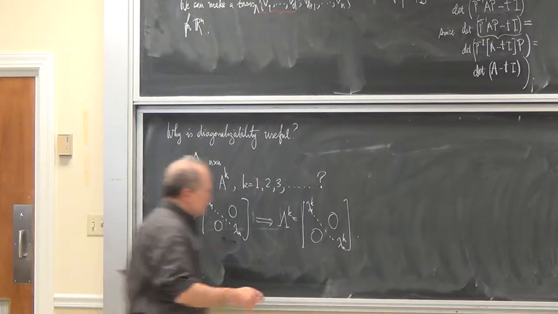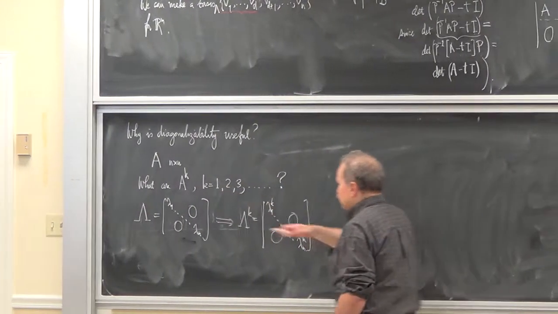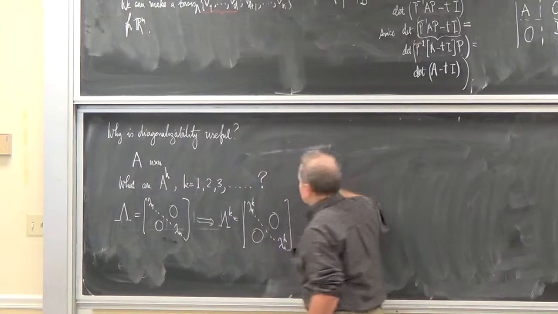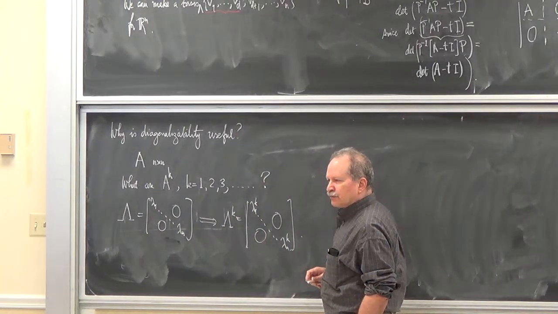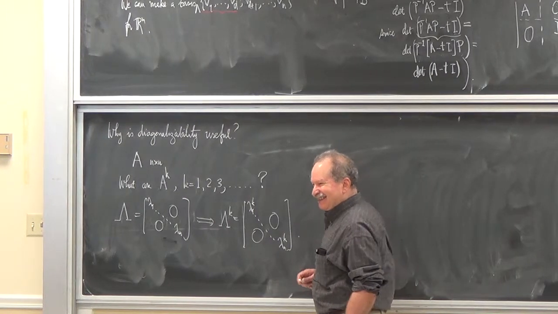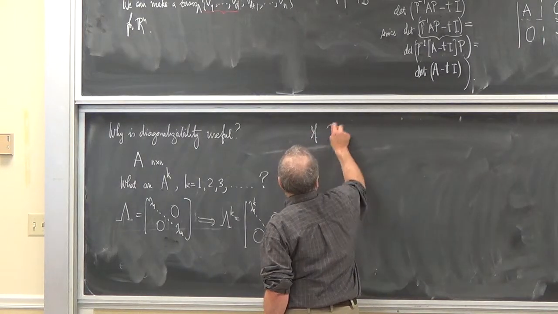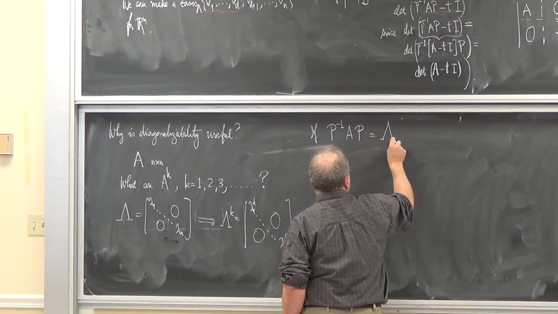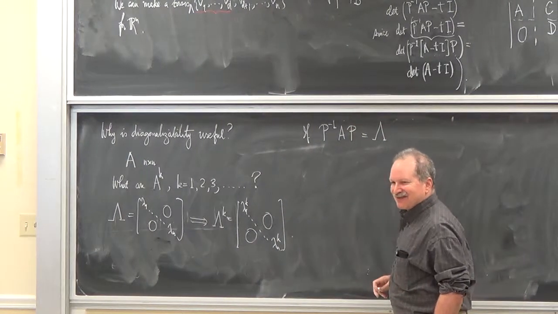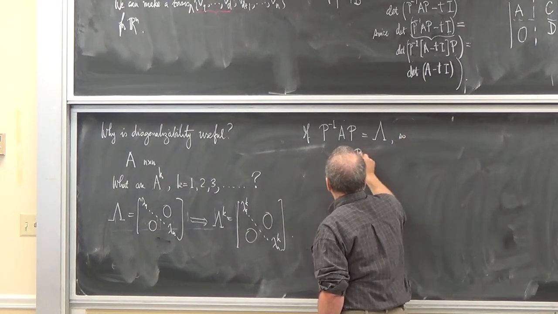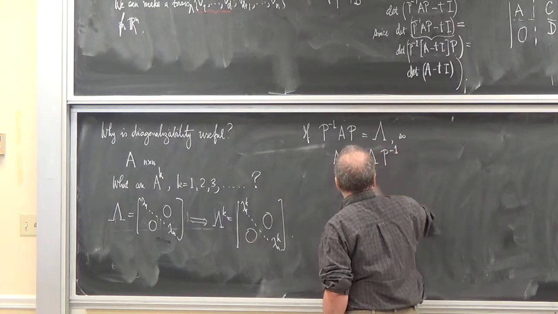So, okay, suppose you could diagonalize A and turn it into lambda. How would that tell you back what the powers of A are? Well, then A would equal P inverse lambda P. No, the other way around. If you can diagonalize A, then there's a change of basis matrix that makes it become diagonal. So A is P lambda P inverse.